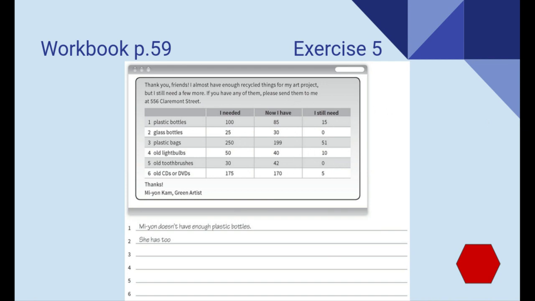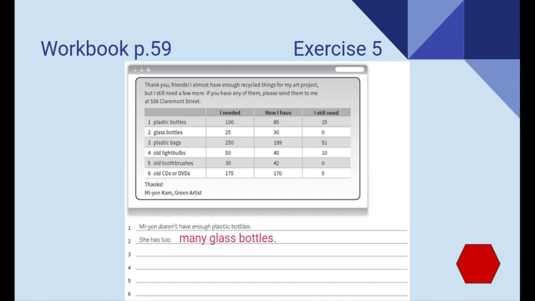So the first one says, Mijon doesn't have enough plastic bottles. Why? Well, she needed 100, but she only has 85. So she's missing 15. Let's do number 2, glass bottles. She needed 25 and she has 30. So she doesn't need anything else. She has too many glass bottles. Pause the video while you work on this, please.